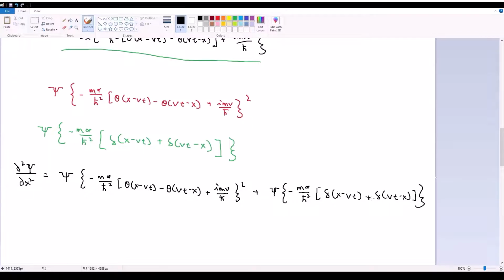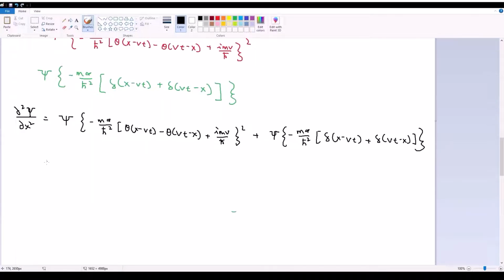And at this point we can distribute out the psi, so this is going to give us psi multiplied by, oh god, the number of brackets I have to put here is starting to get very annoying.